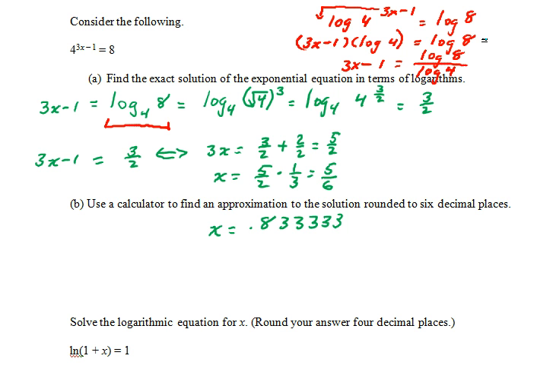If I was going to use the calculator to evaluate this, first of all, I would get to the point where I had x equals 1/3 times log 8 divided by log 4 plus 1.